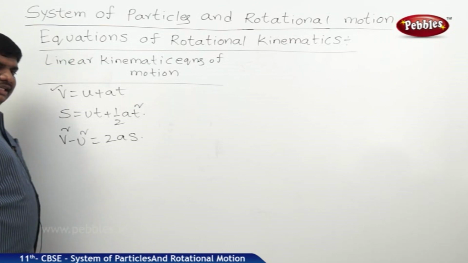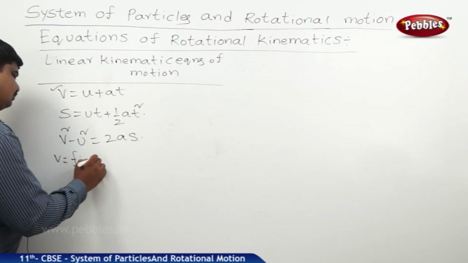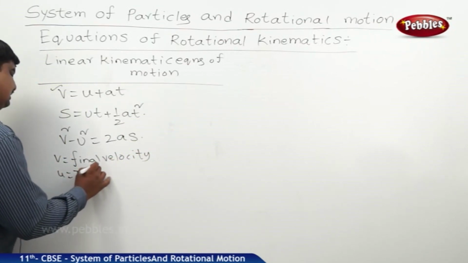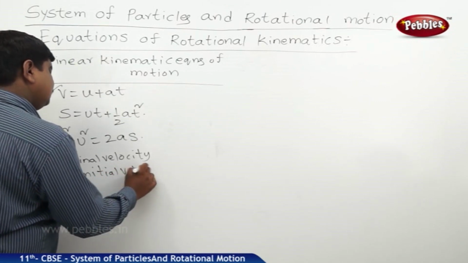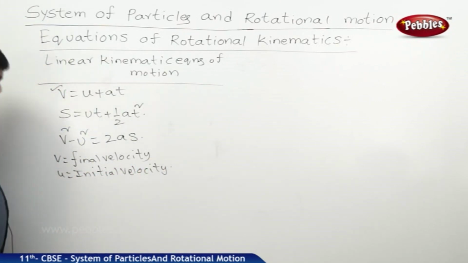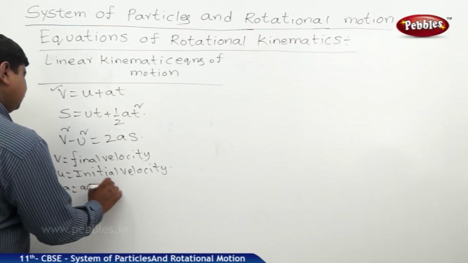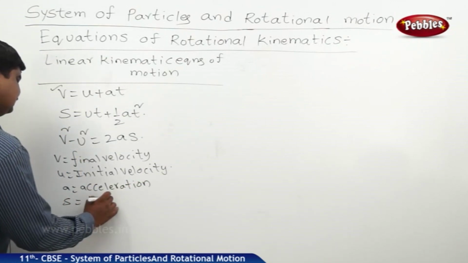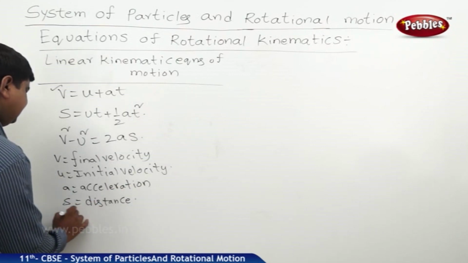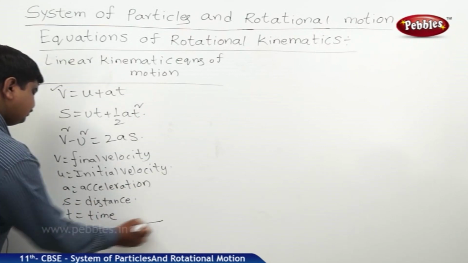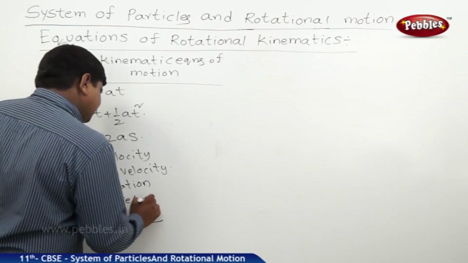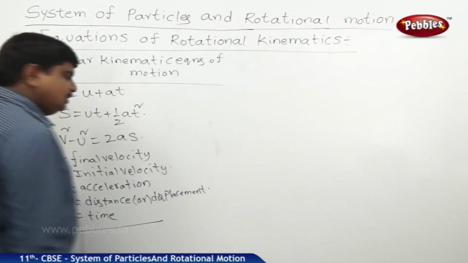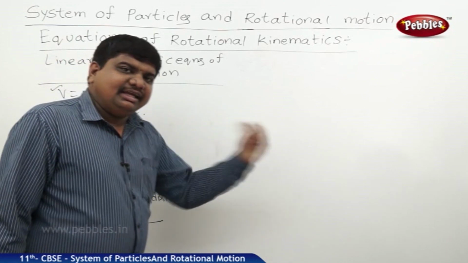Here V is final velocity, U is initial velocity, A is acceleration, S is distance or displacement, T is time. These all are linear kinematic variables.